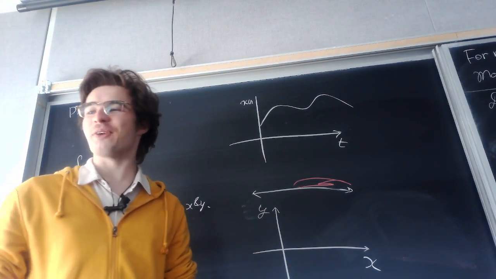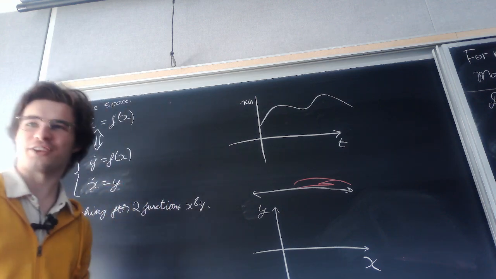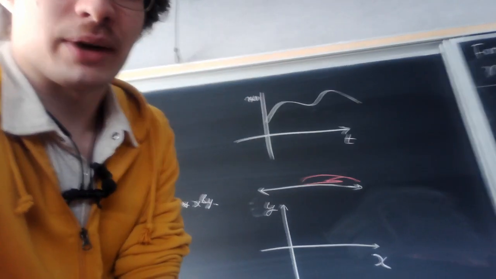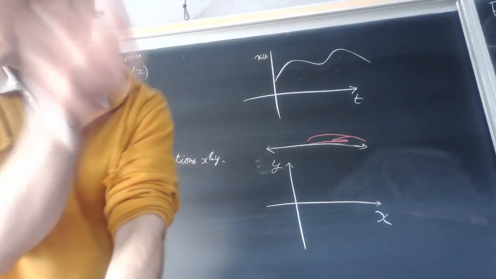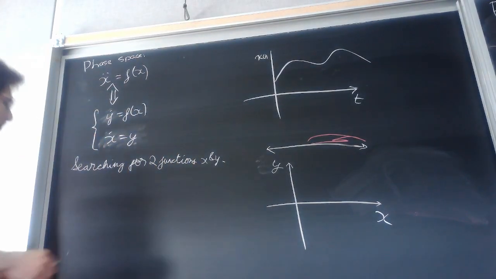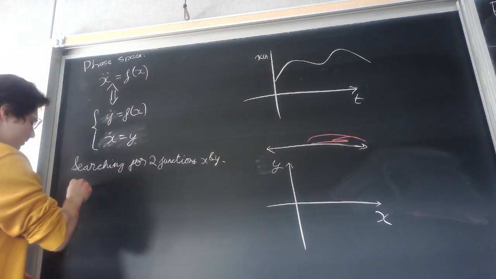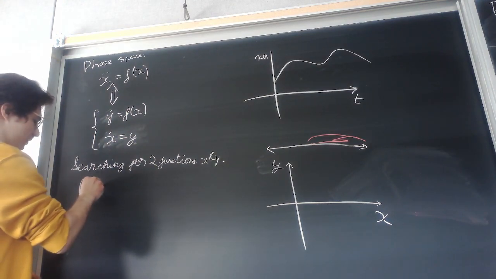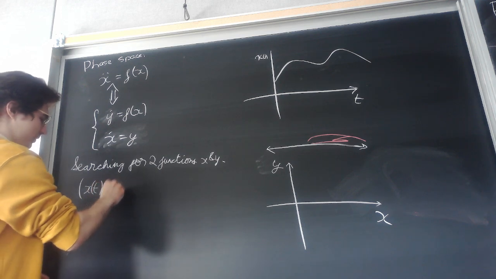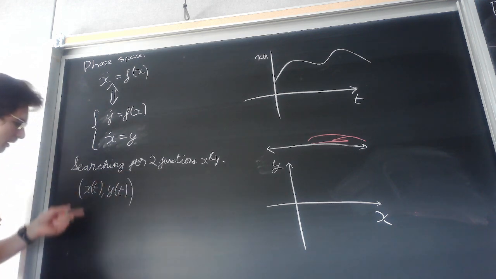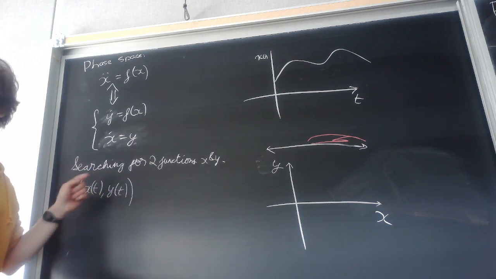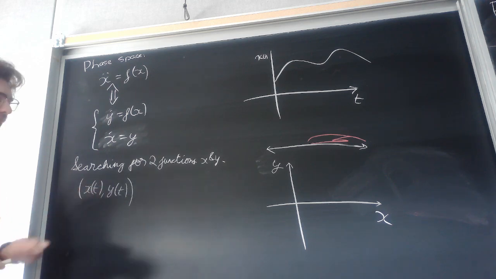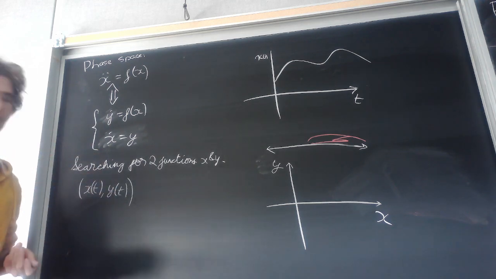By the way I named them, this is probably the thing that I should be plotting. And let's see why this is the thing that I should be plotting. Okay, so if I had some coordinate x of t and y of t, right? So I want to maybe plot this kind of path, right? That makes sense. This makes sense as a path. This is the path that I will have to plot, right?